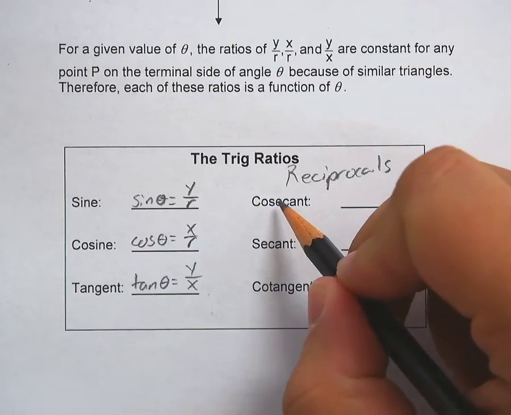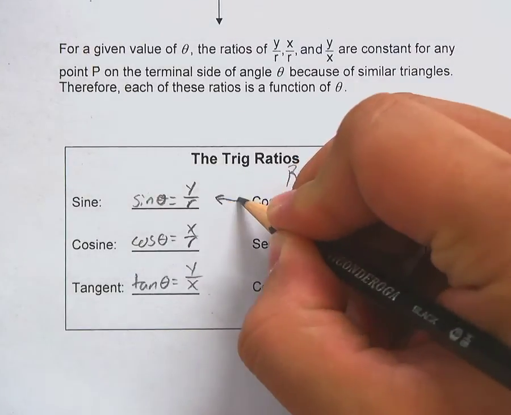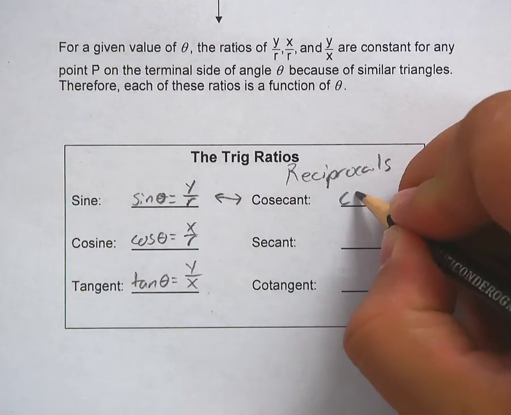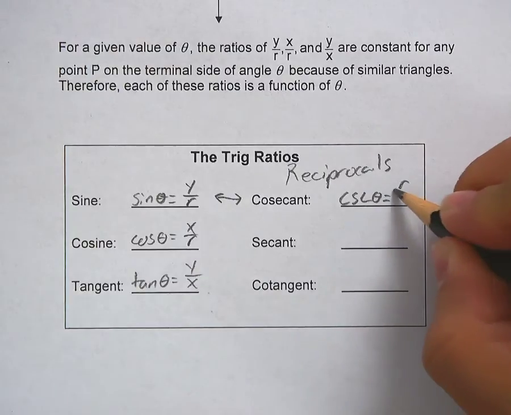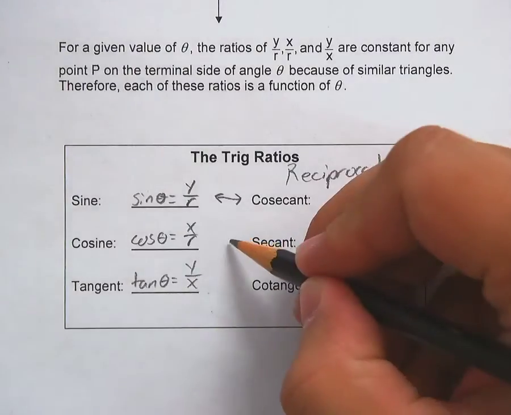Cosecant is the reciprocal of sine. Draw yourself a little arrow right here that shows that these two are related. So we abbreviate that with CSC. CSC theta is r over y. Secant is the reciprocal of cosine.